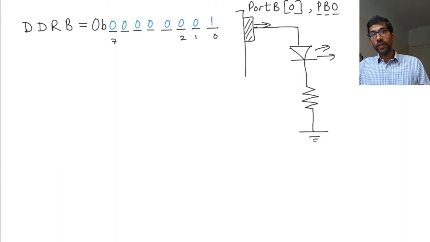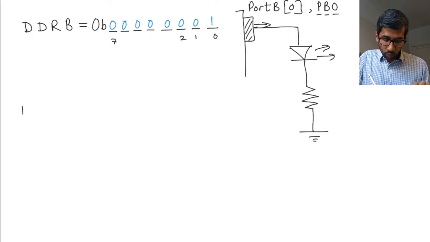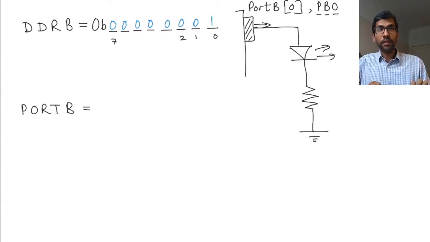What do I want to do next? I want to output a 0 at this pin. First we'll output a 0, wait for some time, and then we'll output a 1. If you want to output a 0, where do you write the 0 to? Remember, we write it to the register PORTB, and to the first bit of that register.